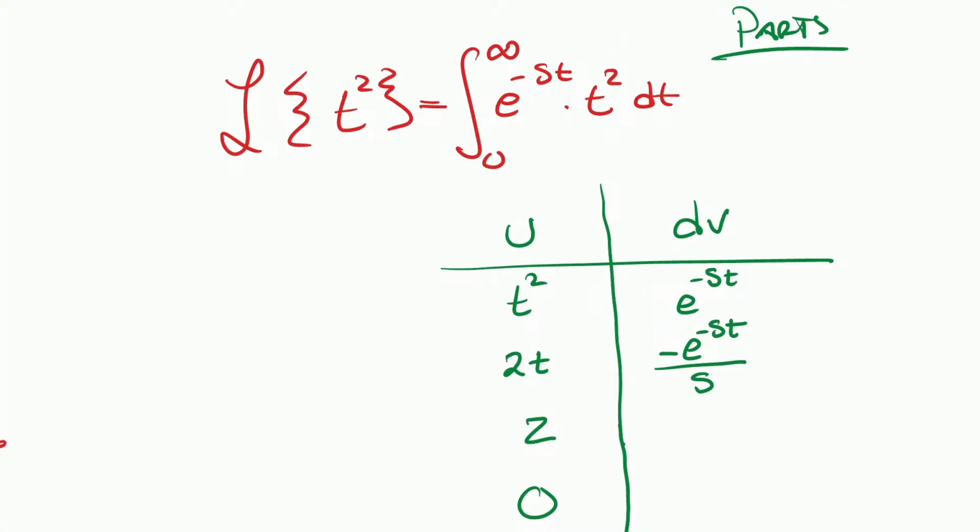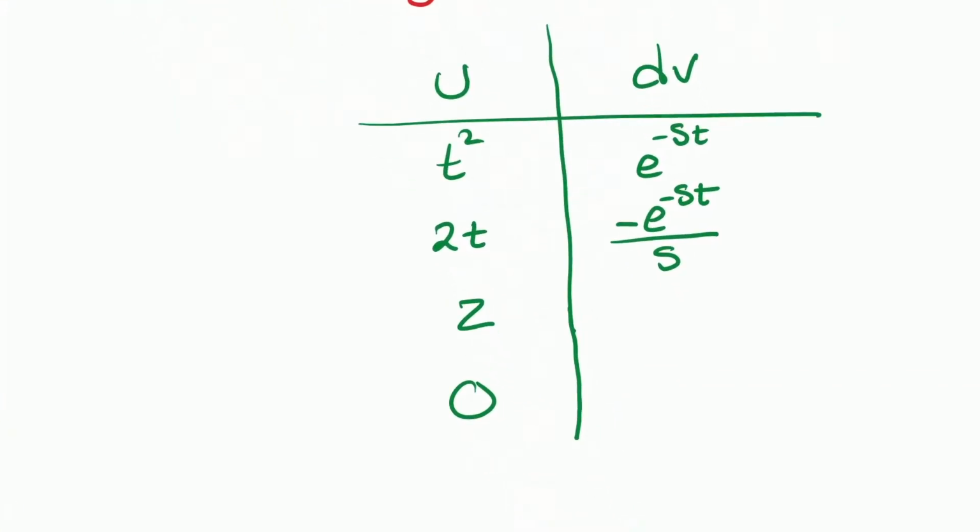Very nice. Let's see if we can do this one more time. Zechariah, let's do another antiderivative. It's just with respect to t. I know there's the s there, it makes it scary. E to the negative st over s squared.